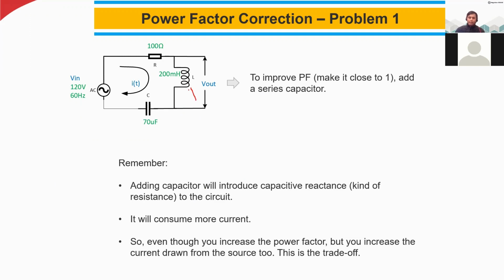We already have inductive reactance. Now we are adding a capacitor, so we will have capacitive reactance as well. This is also kind of resistance, so it will also consume some energy, but at the same time, it reduces the angle between the voltage and current. So it improves the efficiency. Even though you increase the power factor, you increase the current drawn from the source because you are adding extra resistance, reactance to this circuit. Anyway, this is the trade-off. We have to accept it.